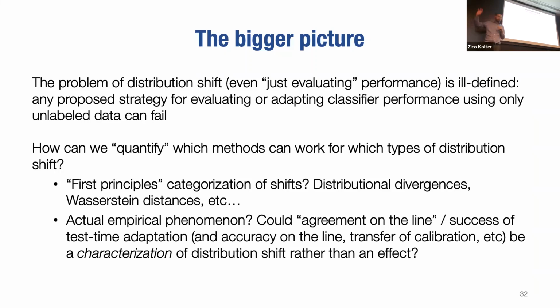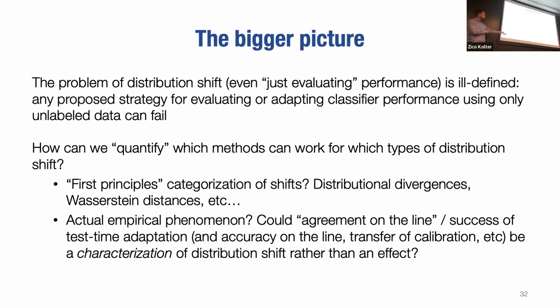But getting back to Renee's question about what kind of shifts this can actually handle, I kind of want to start turning this question around. Because I think very often in machine learning, we like to start from first principles and say, okay, from some causal model that we have in our heads, if not in our models, what kinds of shifts should I be able to reasonably handle?